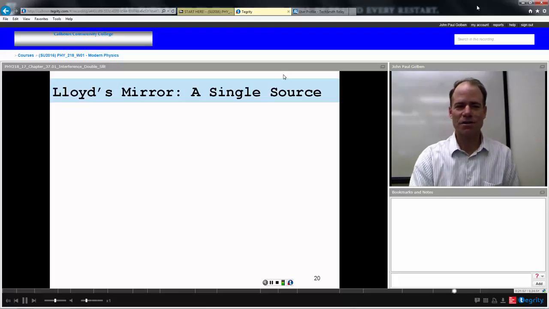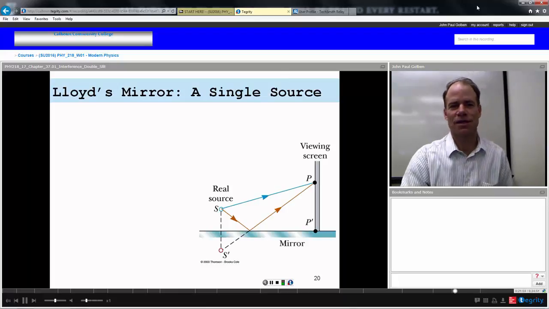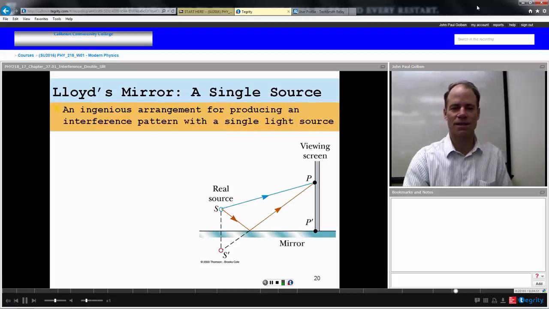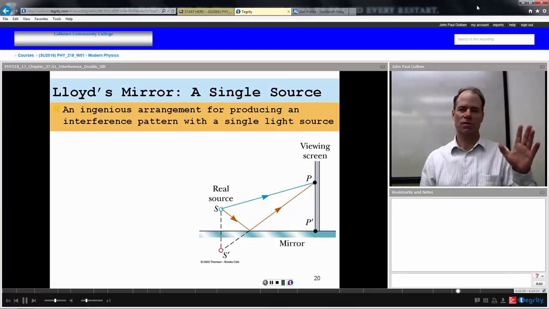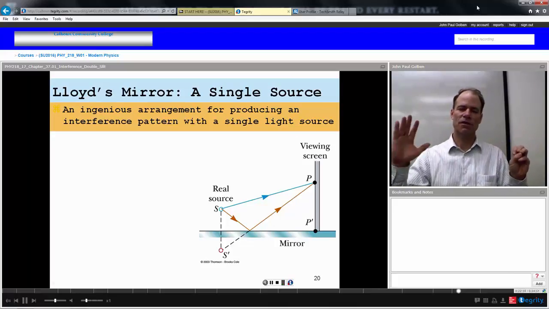We can also have interference through an ingenious design called Lloyd's mirror. In Lloyd's mirror, you have a mirror, one real source, and a viewing screen.